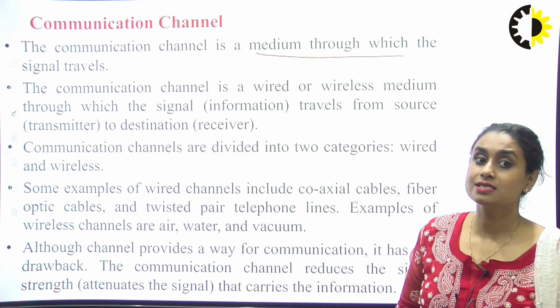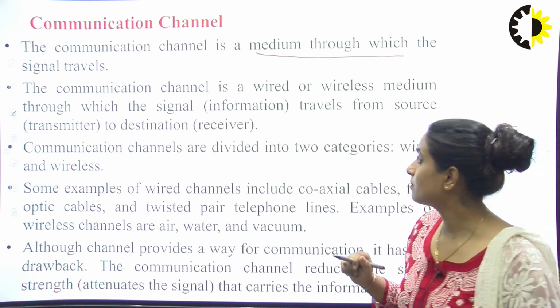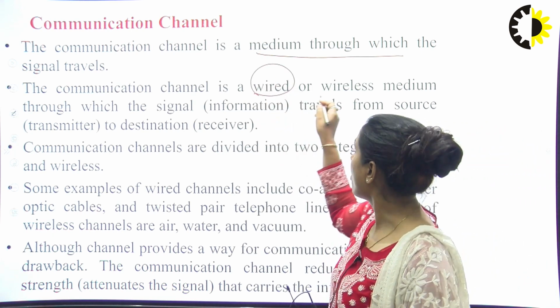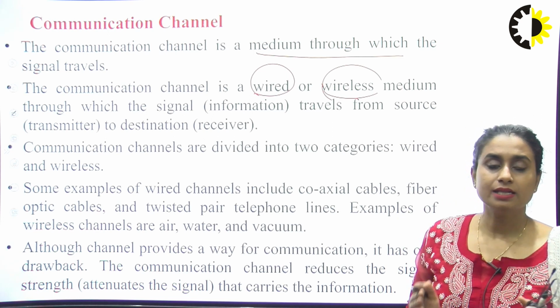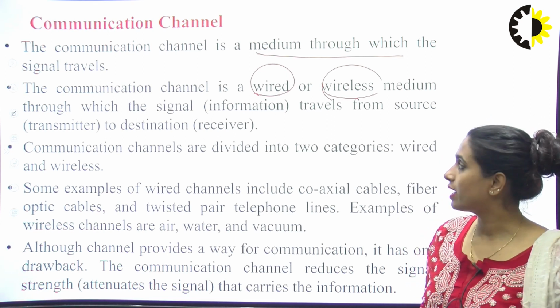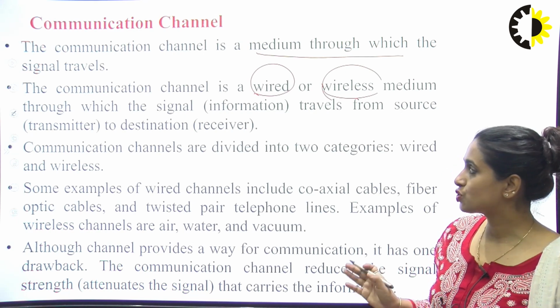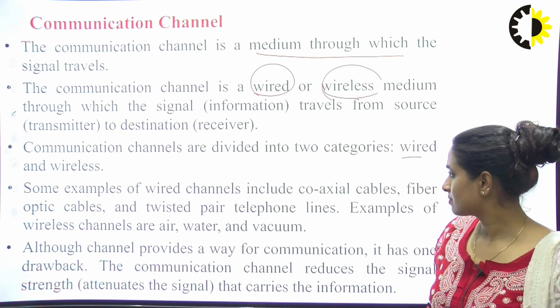Here the channel is the radio frequency range. The communication channel is a wired or wireless medium. Channels can broadly be classified as wired or wireless, through which the signal travels from source to destination. There are two categories.